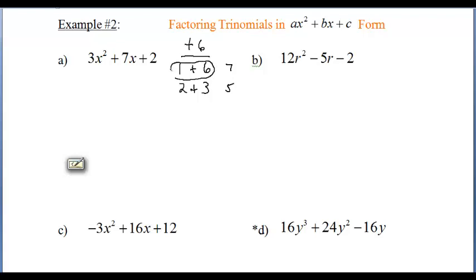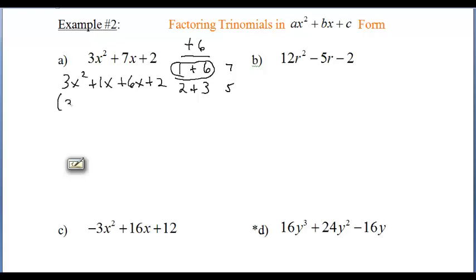So my first pair, the 1 and the 6, add to give me the middle term, and 1 times 6 equals the product of A times C. So now I'm going to rewrite the middle term using these two factors. So I have 3x squared plus 1x plus 6x plus 2. Order does not make a difference. I could have written 3x squared plus 6x plus 1x plus 2.